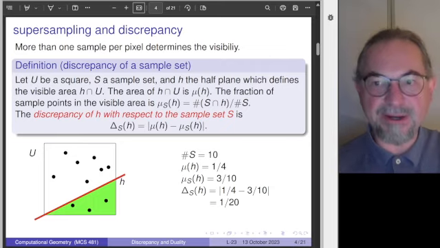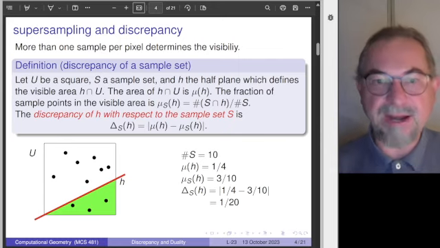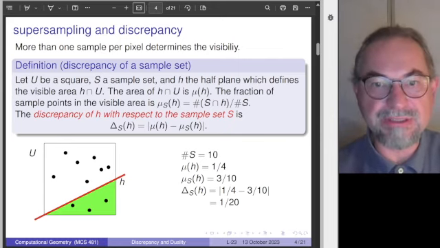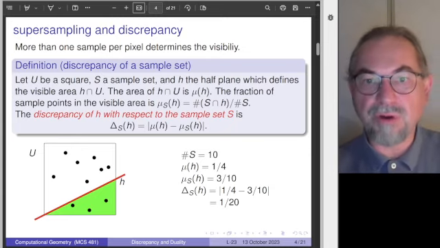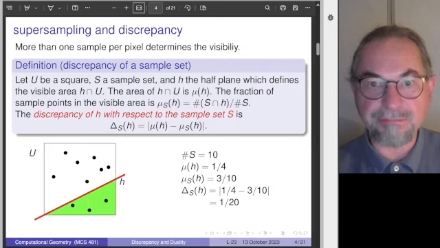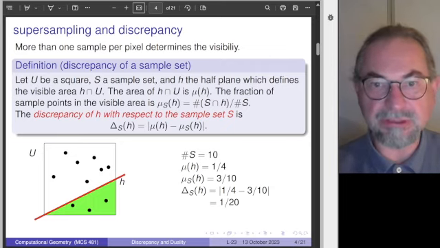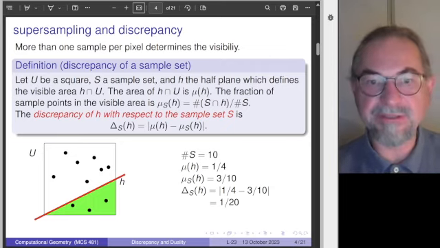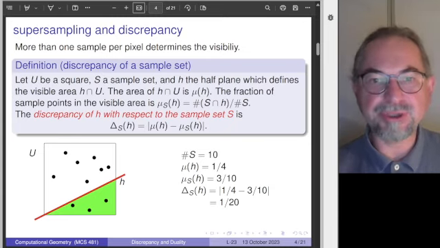So we have the area, so that is what is exact. And then we have the fraction of the sample points in the visible area. So that is this mu of S. The mu of H doesn't depend on the sample points. So that's the area that you see shaded in green here in the picture.